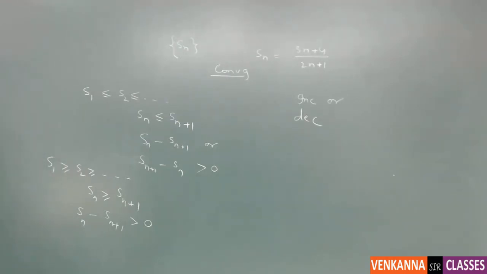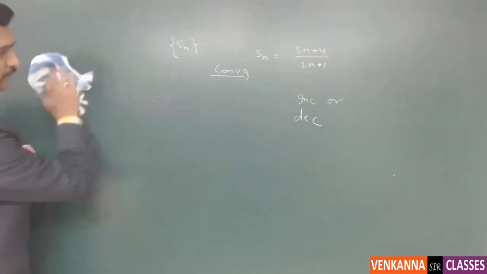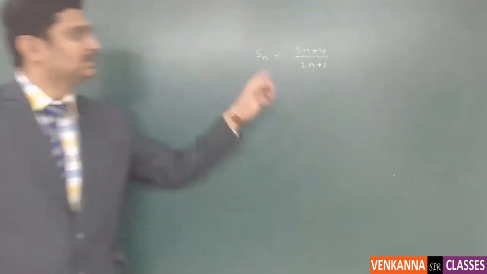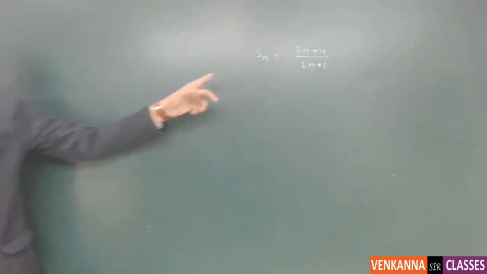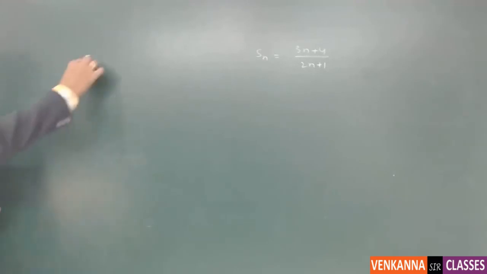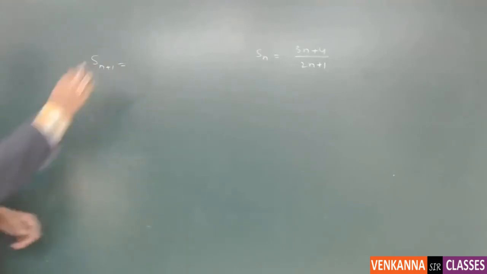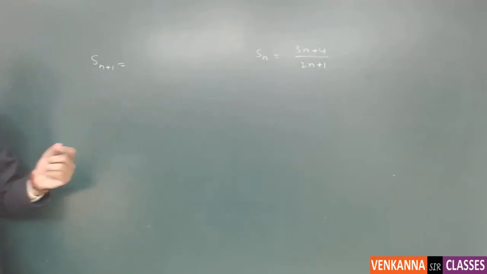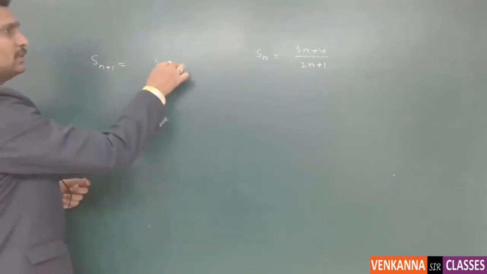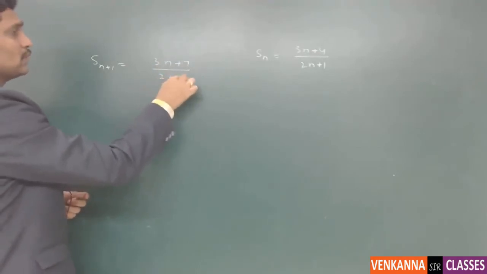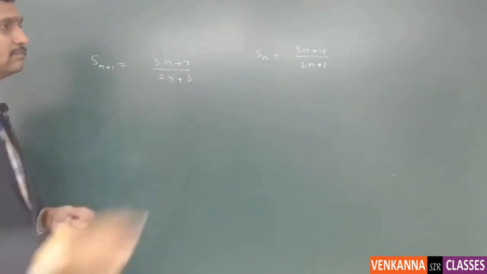Right. Now, to represent it on paper, first we will write Sn is equal to (3n plus 4) by (2n plus 1), and Sn plus 1 is nothing but substituting n plus 1 in place of n. So I think it will be (3n plus 7) by (2n plus 3).